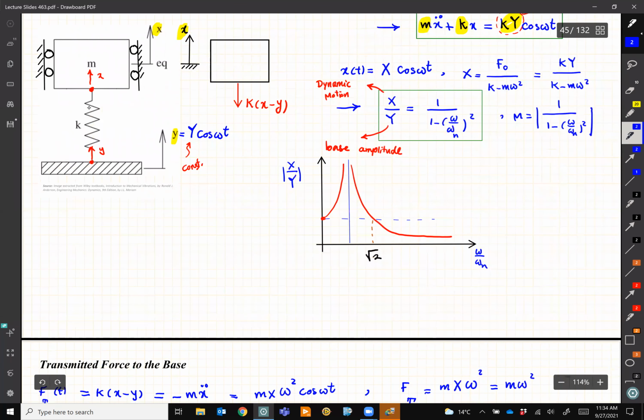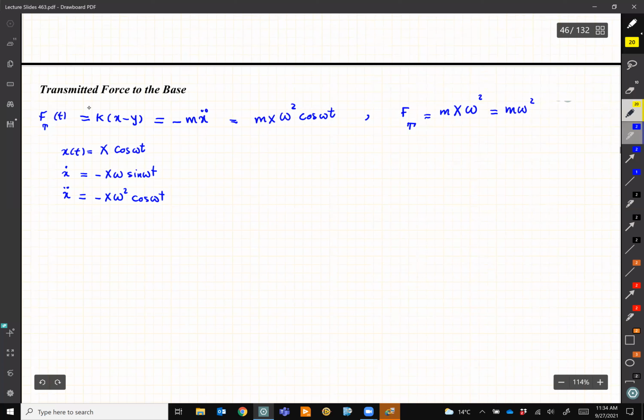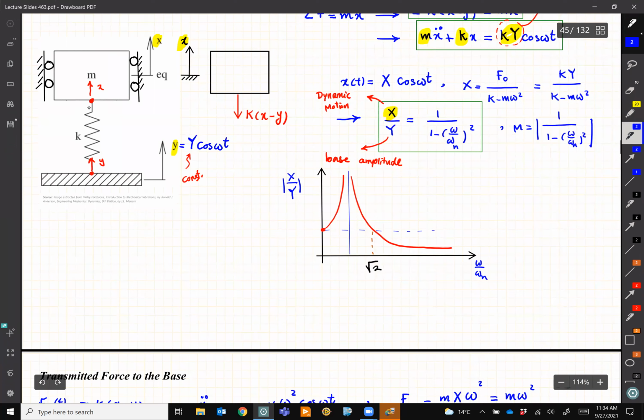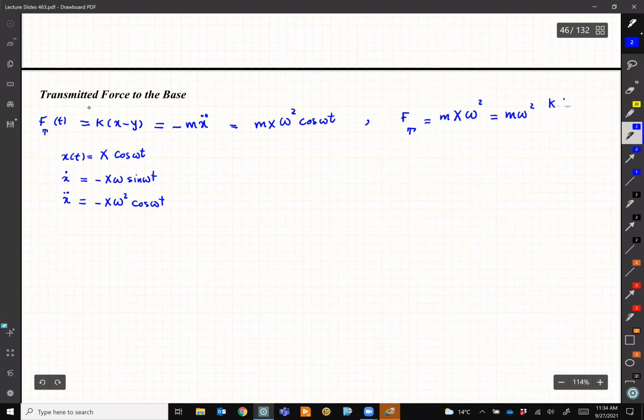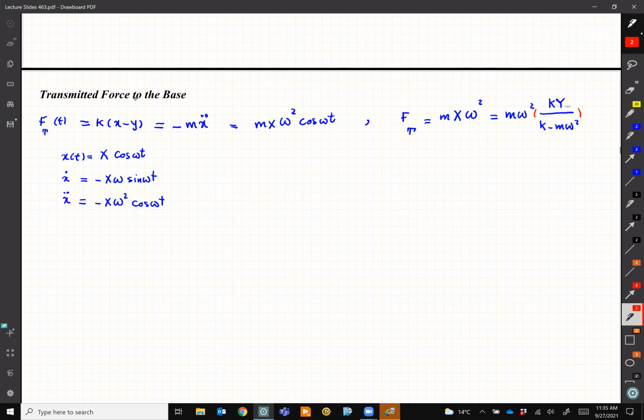What was X? It is here. Let me write the original one: this is what we found for X, Ky over k minus m omega squared. I hope I didn't make a mistake, but please check my math. I just substituted this X by what we found for X.